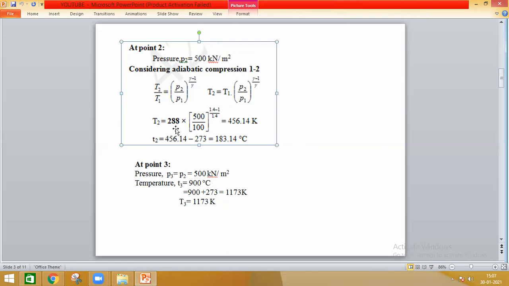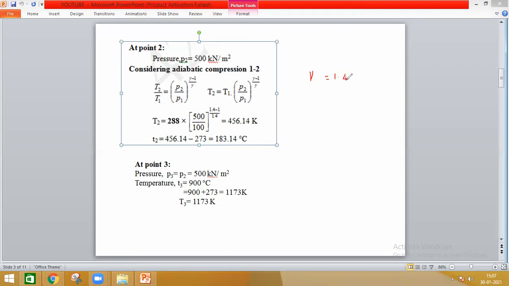it is 288 Kelvin, into P2 pressure, which is 500 kilonewton per meter square, whereas the pressure P1 is equal to 100 kilonewton per meter square. For an air standard cycle, for air, gamma is equal to 1.4. This you have to remember always.